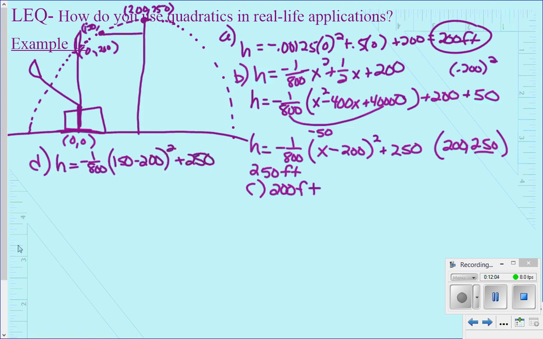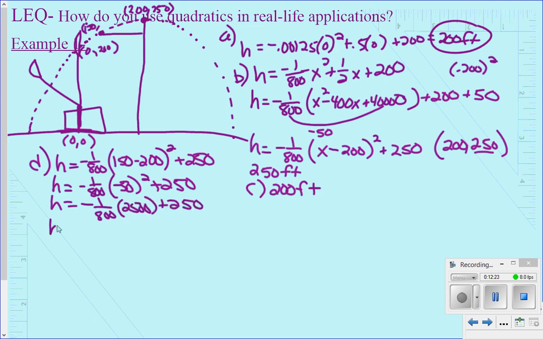And when I do that, I'm getting negative 1/800 times negative 50 squared plus 250. When I square negative 50, I'm getting 2500 plus 250.